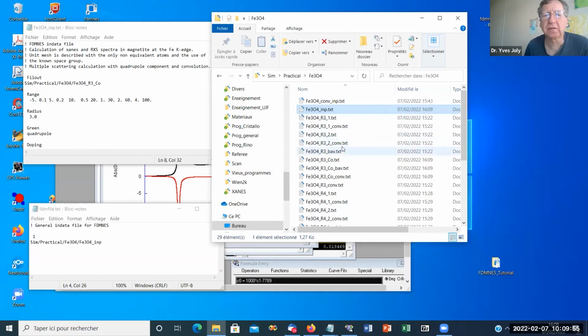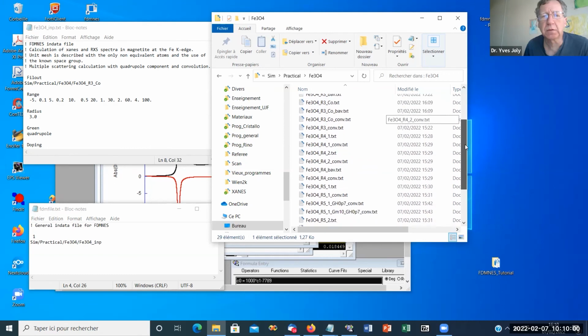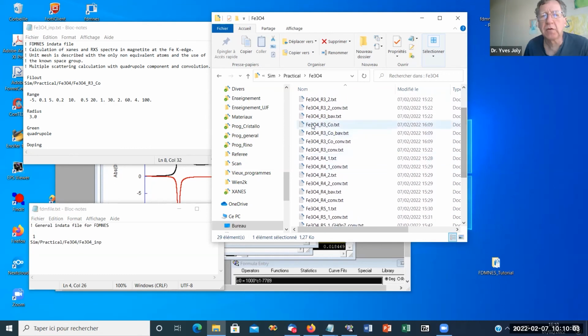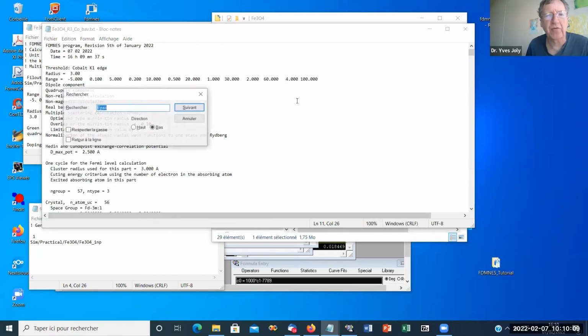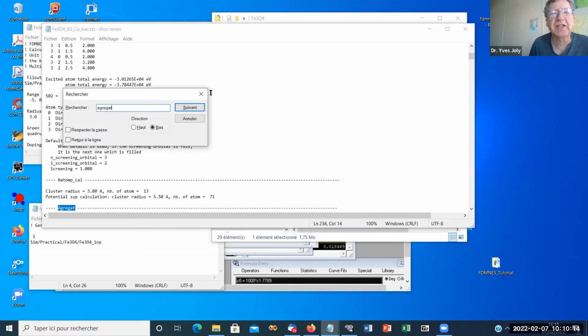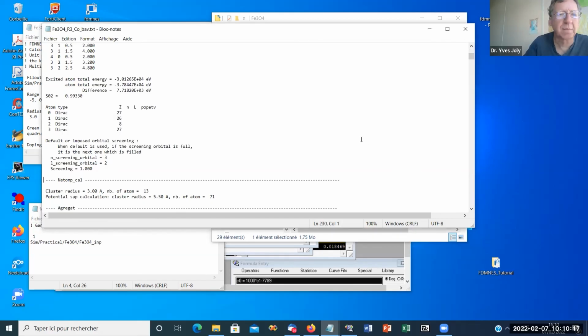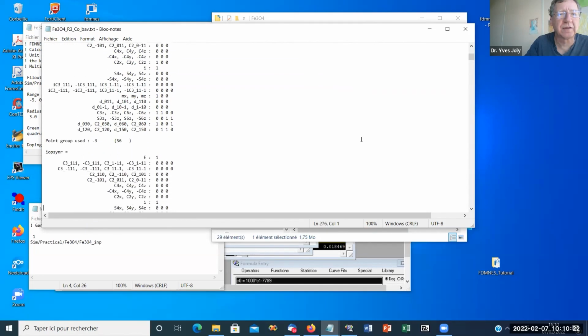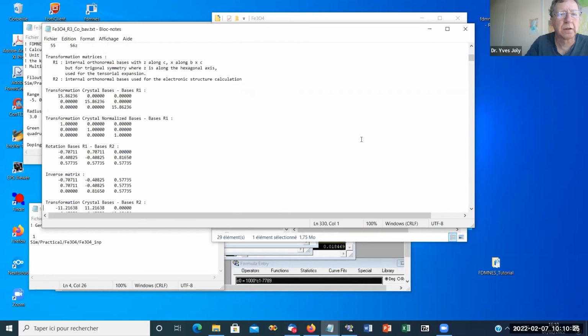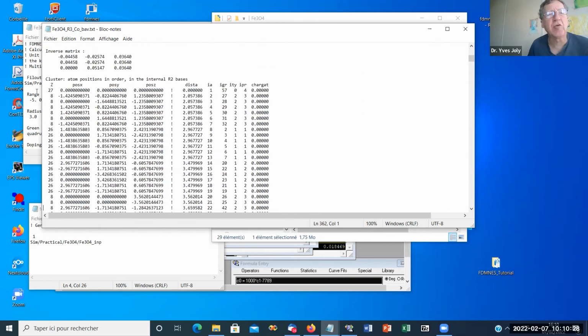If you look at the BAV file of the last one, you can see, if you search for aggregate, that now we have the cobalt atom at the center, but around you have only oxygen and iron.